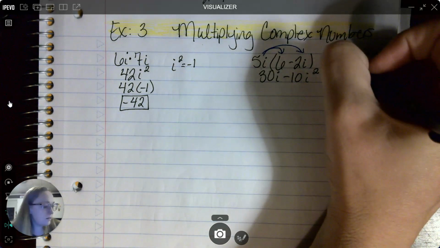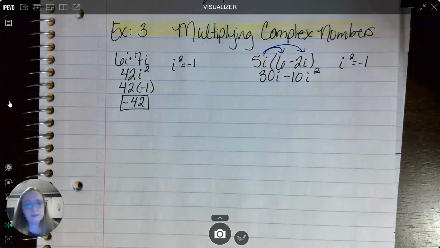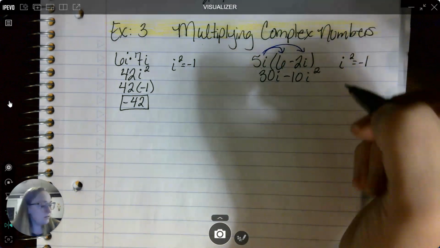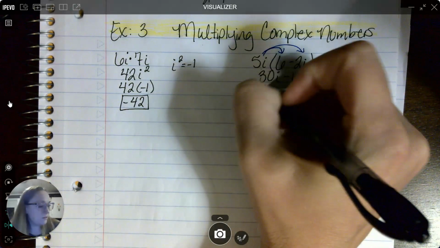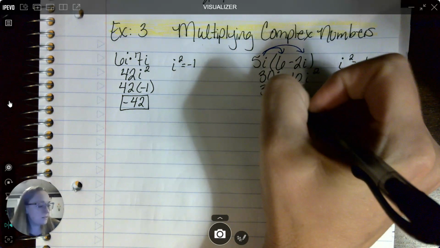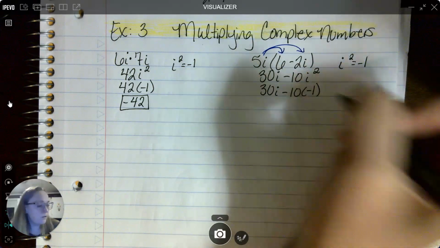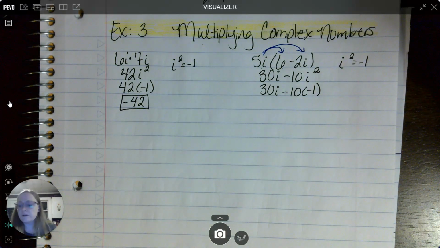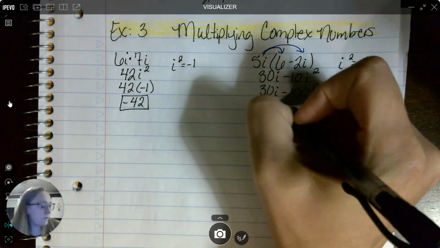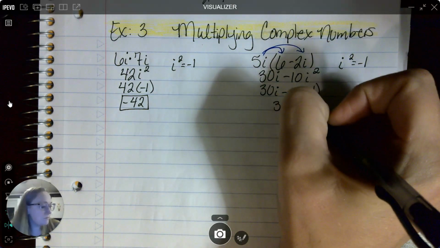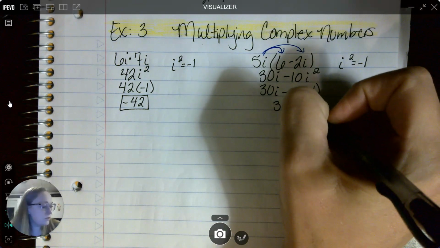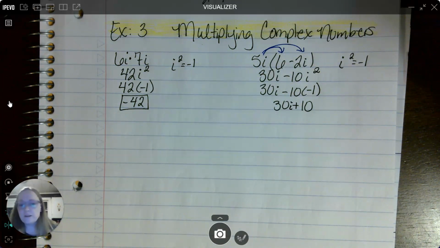Again, i squared is equal to -1, so we get 30i minus 10 times -1, so we can replace i squared there, and we get 30. Negative times a negative is a positive. Ooh, I forgot my i. Don't forget your i.